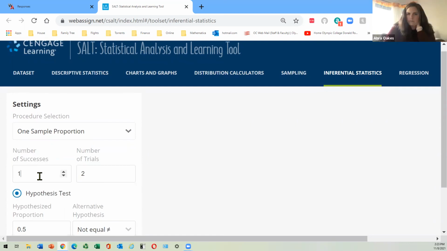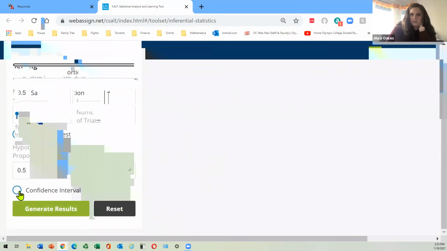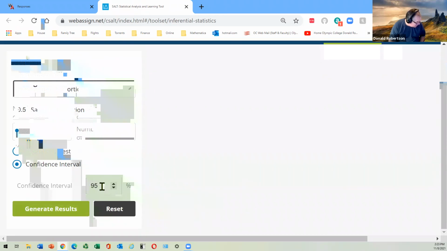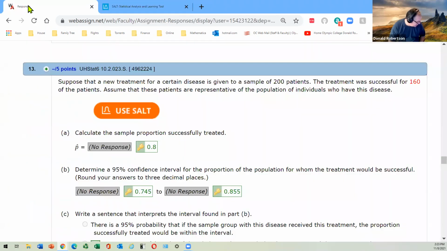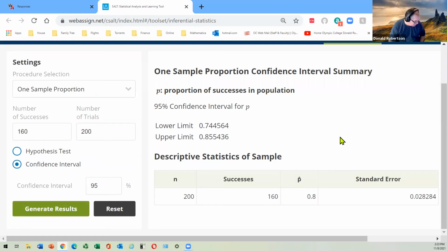The number of successes is 160 out of 200 people, so that's where those numbers go. Then you scroll down and you hit confidence interval. You make that number whatever they want. I believe they want a 95. Let's double check. Yeah, they want a 95. So make that 95 and then generate results.